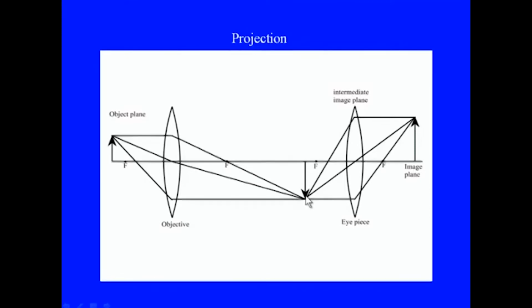So, now a virtual image will not be formed on the same side of the eyepiece lens. Rather, a real inverted, magnified image will be formed on the other side of the eyepiece lens, which could be collected on a screen or recorded on a video camera for further applications. So, projections can also be done, like when you have a trinocular port and you are putting a camera in there, you would like to record the image rather than viewing it directly.